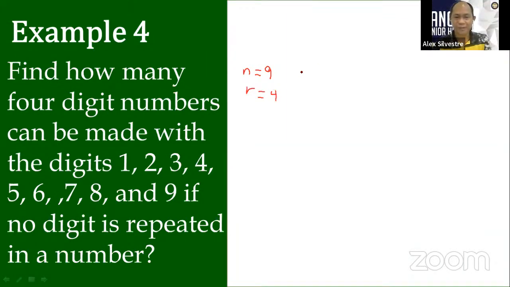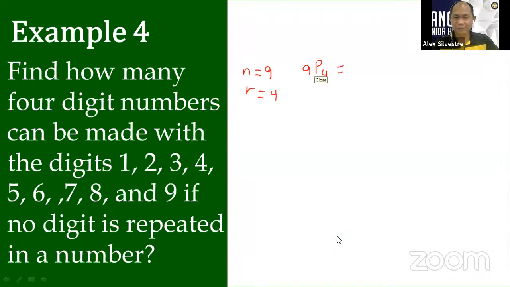And therefore, you can indicate now as 9 taken 4 at a time. So, in every arrangement of that, using that digit from 1 to 9, okay, you have to use 4 digits. Yon ang gagamitin natin.